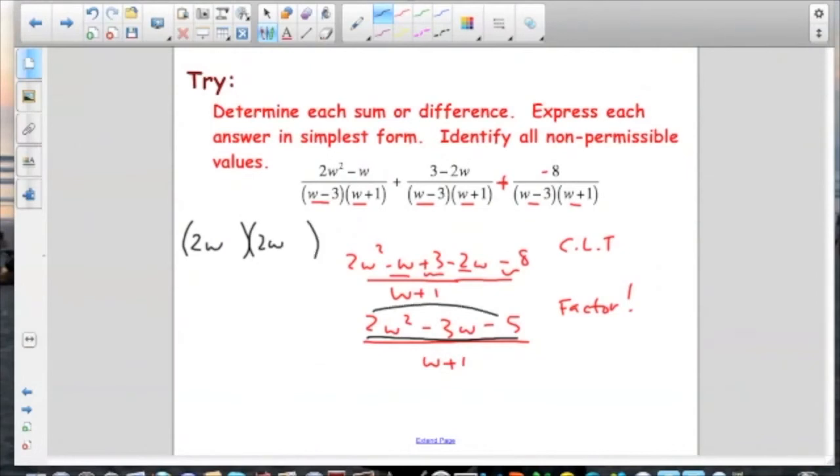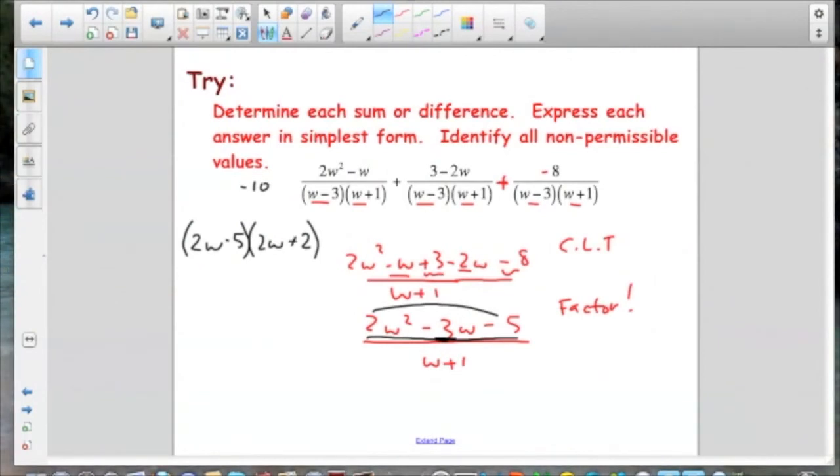And these two, we get negative 10. So numbers that multiply to 10 and add to 3 is 5 and 2. And I want a negative 3, so negative and a plus. All over 2, that divides into that. And that cancels that one. So it's w plus 1.